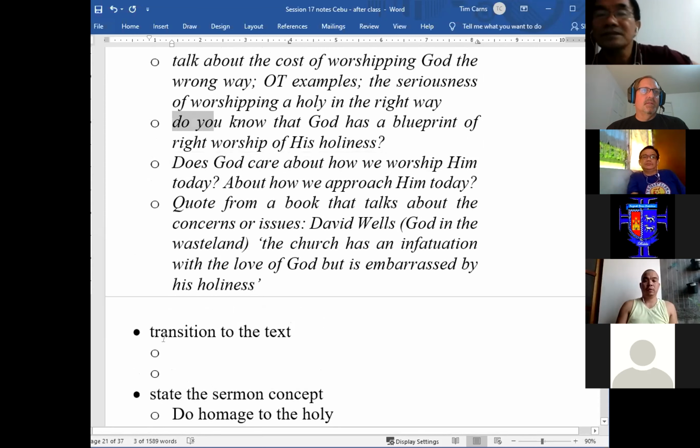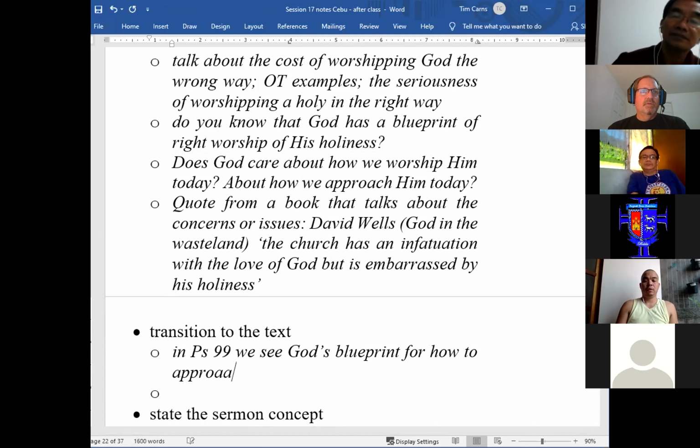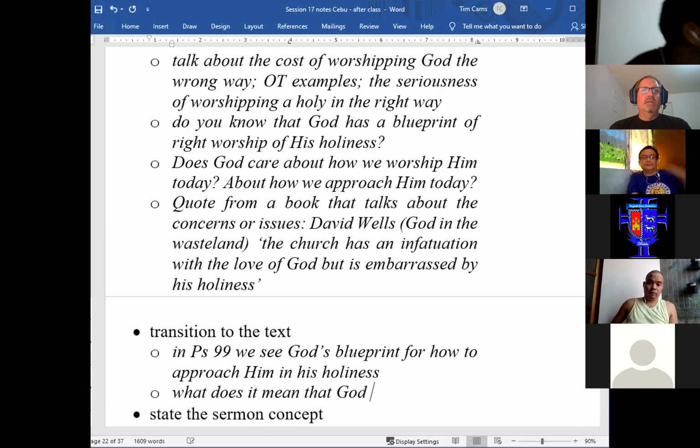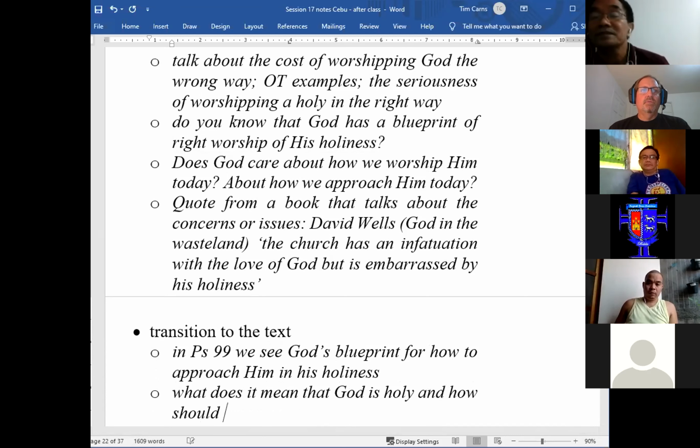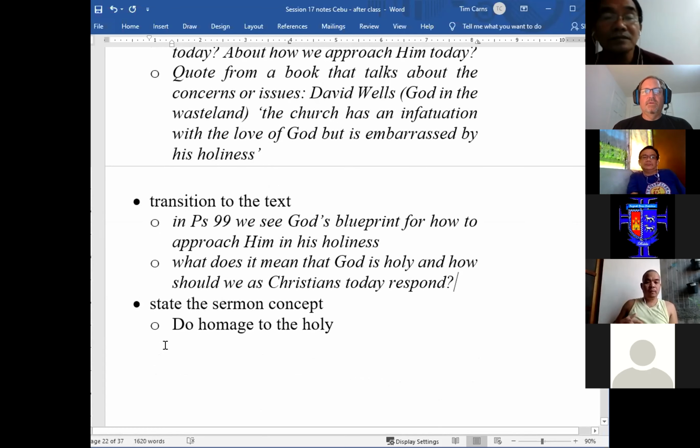So you could say something like, in Psalm 99, we see God's blueprint for how to approach him in his holiness. Or what does it mean that God is holy, and how should we as Christians today respond? Okay. Any other ideas?